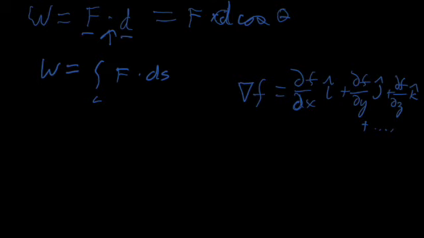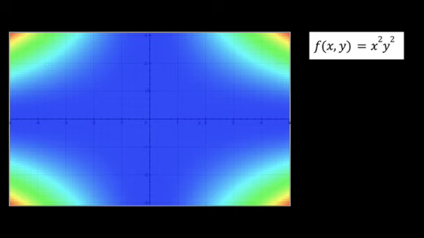If we look at it in the context of a function, for example, here is the function x squared y squared. In this case, the redder the region, the higher the z value, or the higher this f value. So if this was an equation for work, the blue region would represent a lower work value, and the red would represent a higher value.